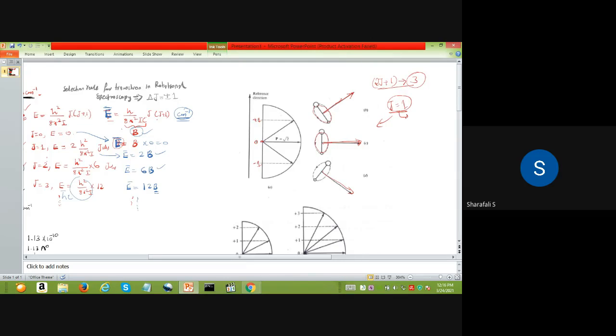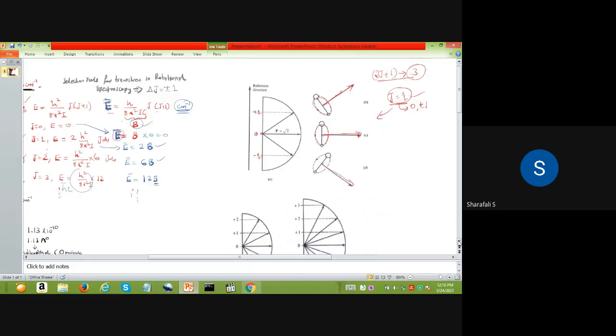So j equal to 1 has 0 and plus or minus 1 values, and that gives you different degenerate states with the same energy. The energy will be the same, but the direction of the angular momentum corresponding to the different rotations is different. So j equal to 1 has 3 different degeneracies.